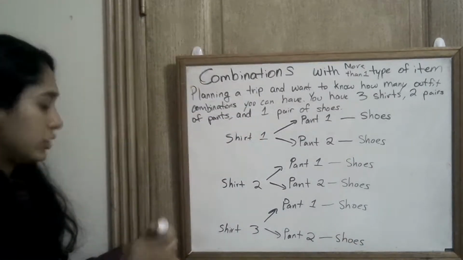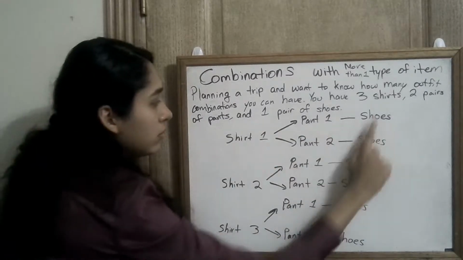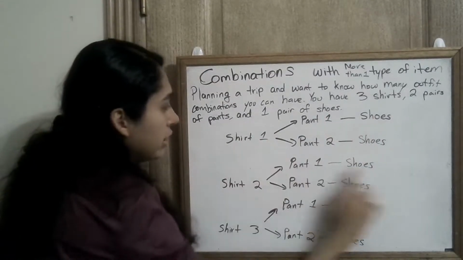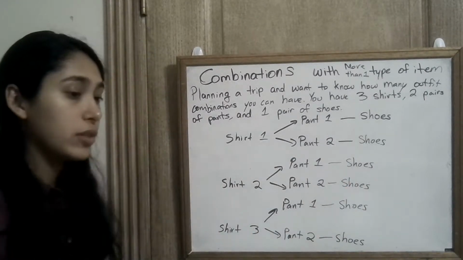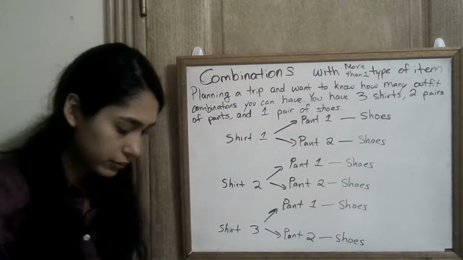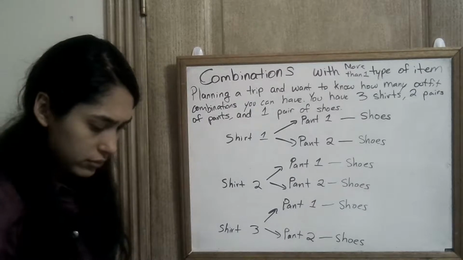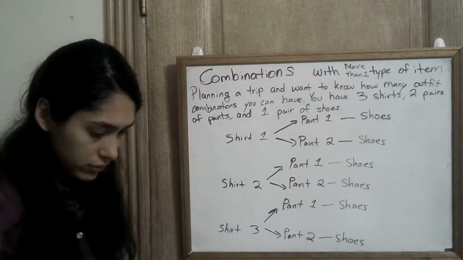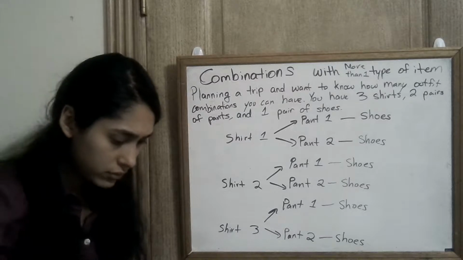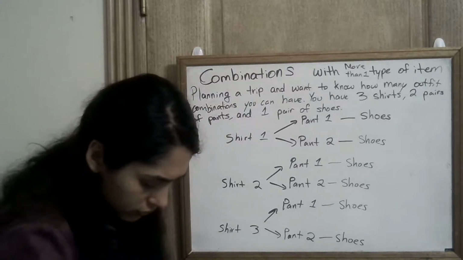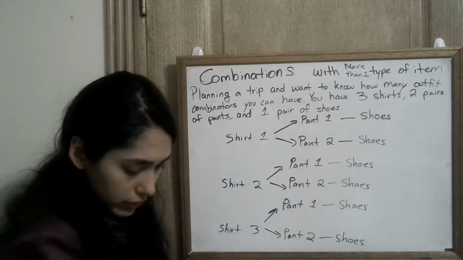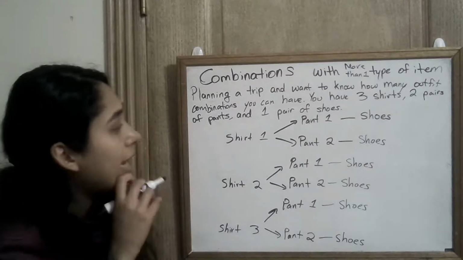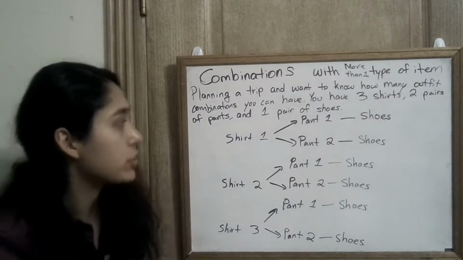Shoes. So what are the different combinations we have? We have 1, 2, 3, 4, 5, and 6 different combinations that we could wear. Great. So let's say we had actually 2 pairs of shoes.